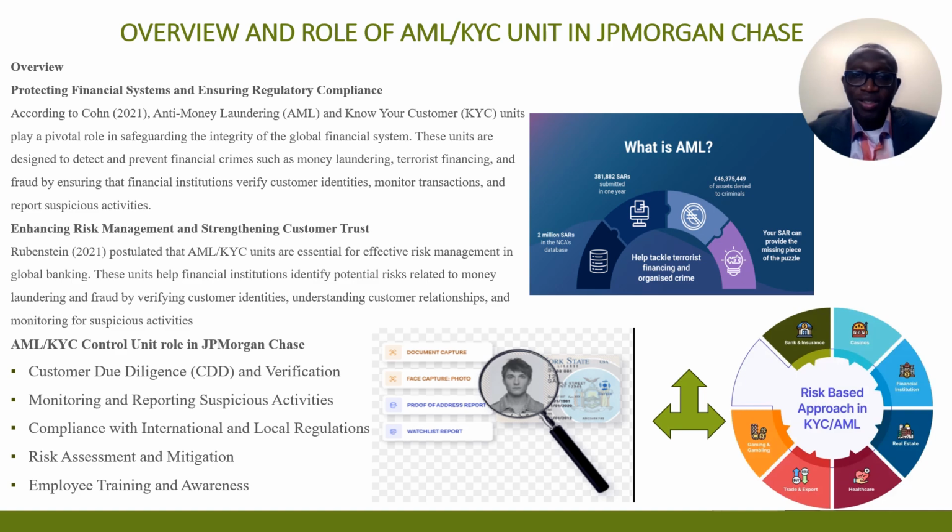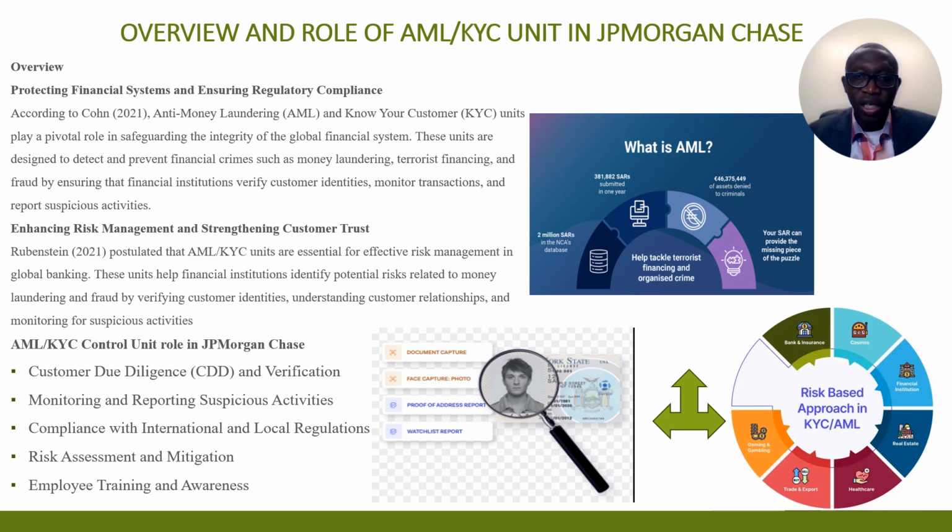First of all, I will be talking about the overview and the role of AML KYC unit in JP Morgan Chase. The first overview of AML KYC is to protect the financial system and ensure that there is regulatory compliance in the unit.